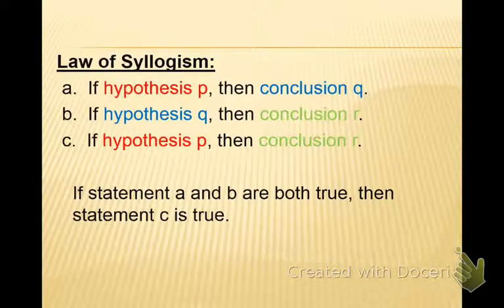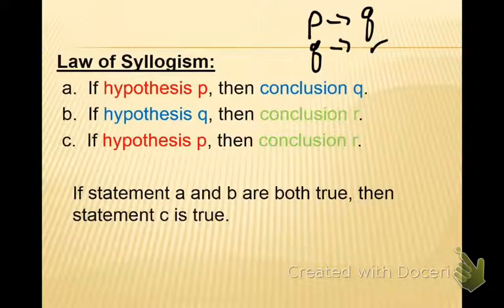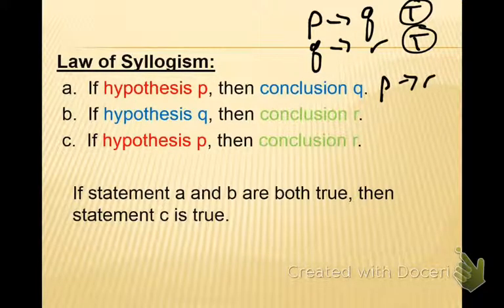If you take the words out of that, it makes a little bit more sense, I think, and we can just use symbols. We can write it like, if P, then Q, if Q, then R, and we know that these two are true, then the law of syllogism says, without even knowing for sure, we can jump to saying, if P, then R. And we know that that's going to be true. That's what the law of syllogism says.